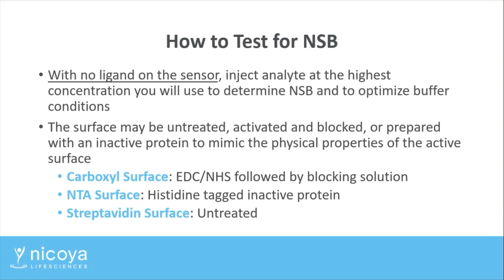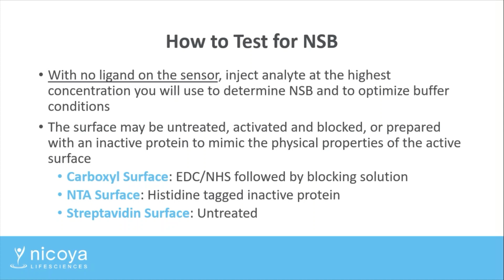Whereas for your NTA surface, you're going to want to block that surface by immobilizing a histidine-tag protein that would be considered inactive, or won't bind to your analyte, so that you can mimic the physical properties of your active protein. And if you're using a streptavidin surface, this can be left untreated, as the streptavidin itself will act as a blocker on the surface.